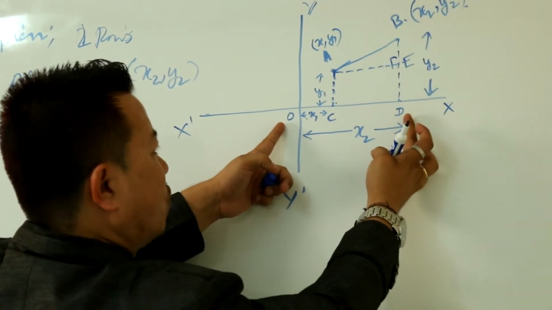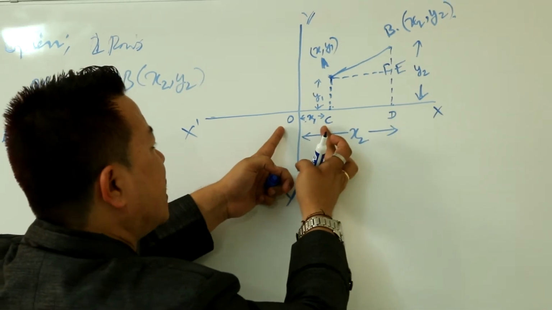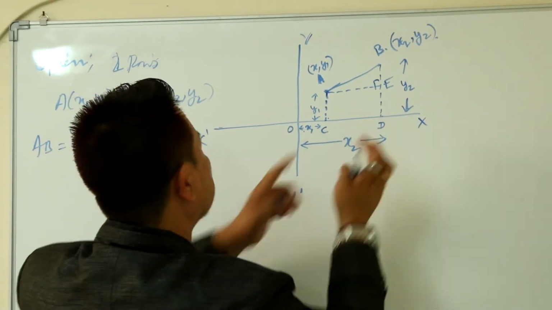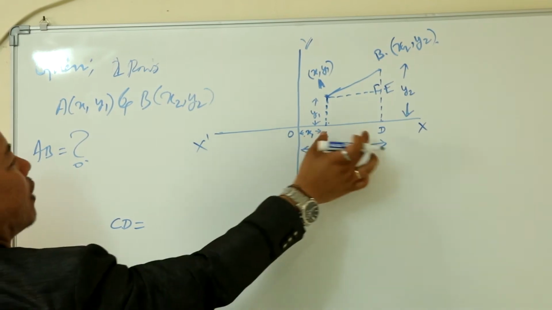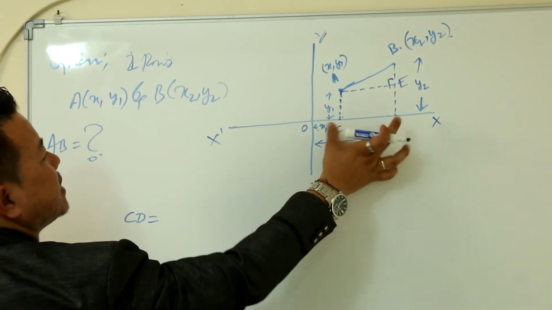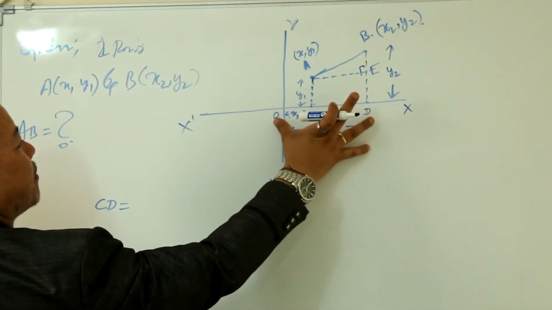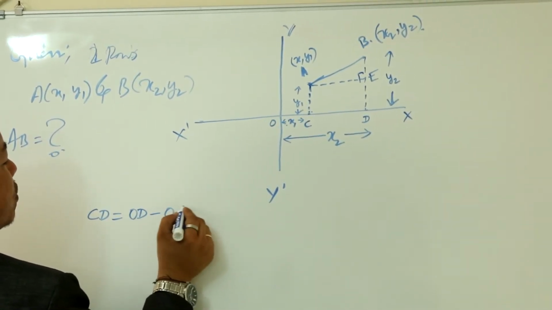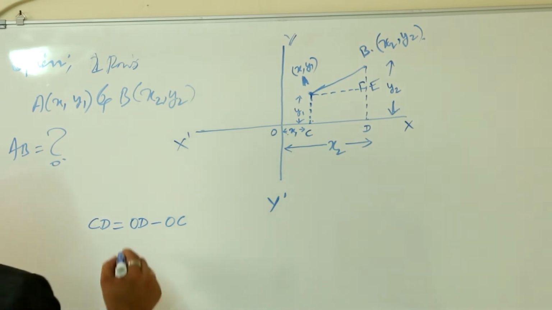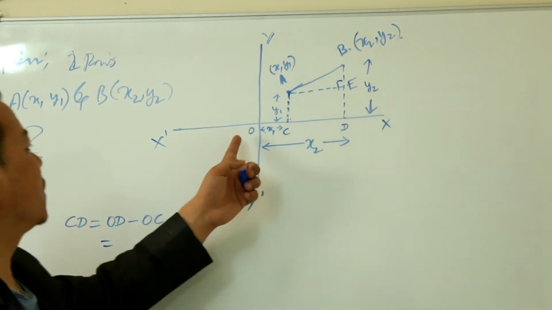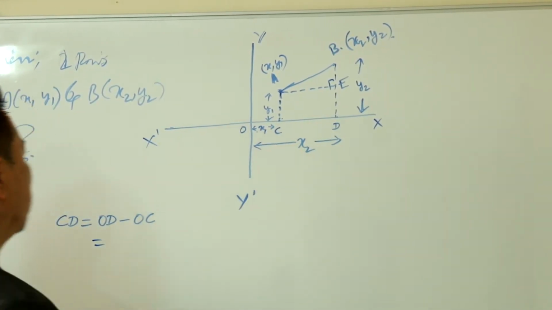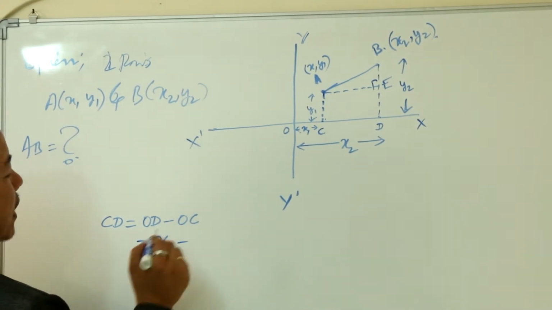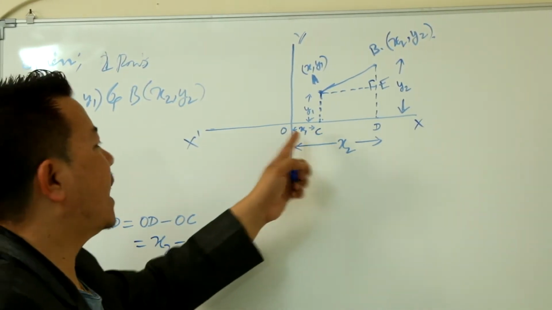From the line segment OD, if you remove OC, then you get the value of CD. So CD is the whole line OD minus OC, equal to, what is the length of OD? x2. And what is the length of OC? x1.